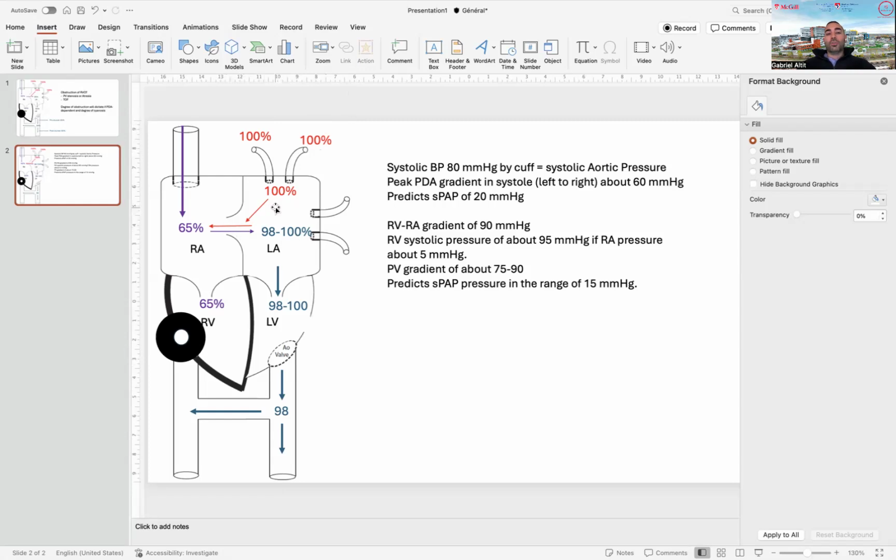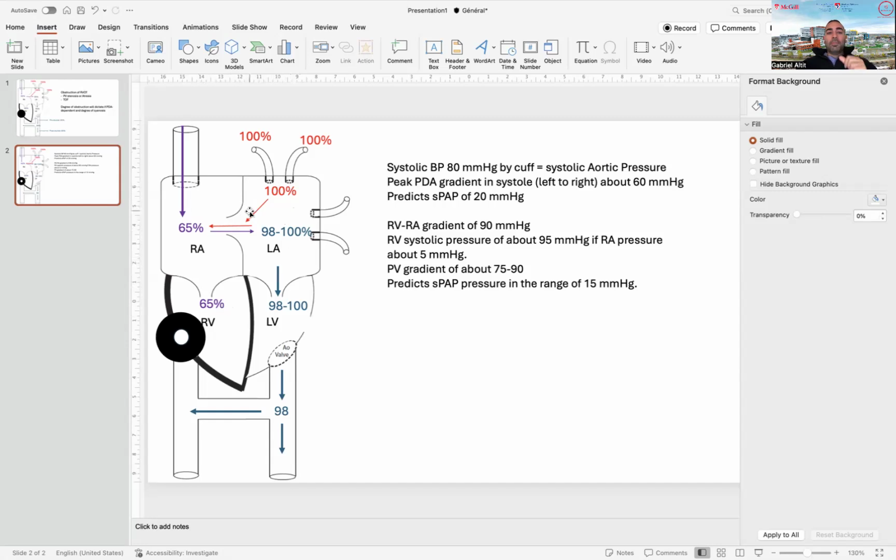And as you saw, the majority of the shunt was actually from left to right. So I wrote 65, but probably the saturation here is higher than 65 once it mixes into the right atrium with the systemic venous return. It's probably around 75 to 80 even because of this effect of this ASD.